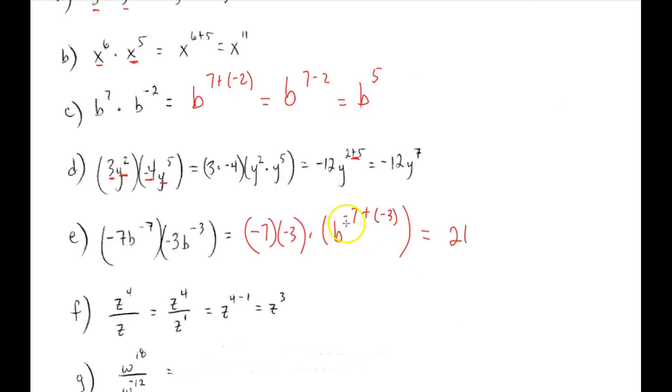And of course, B raised to the -7 plus a -3 would be the same as B raised to the -10. And if we are asked to do this all in positive exponents, we know that this would just be 21 divided by 1 over B raised to the 10, which would just be 21 over B raised to the 10.